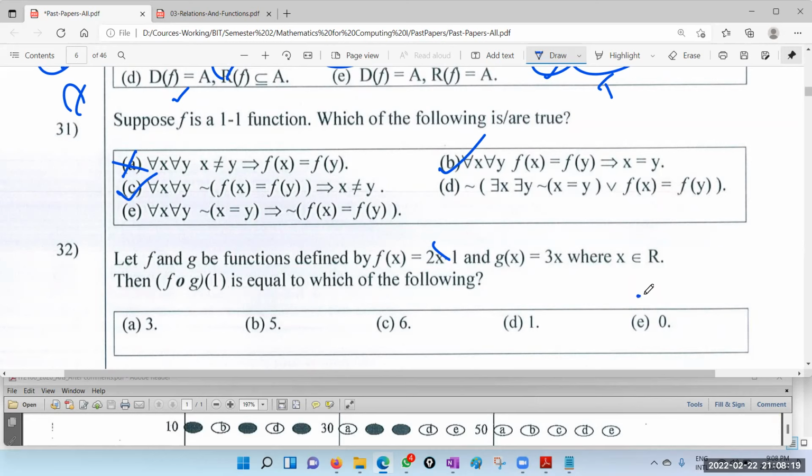Fx equal fy, that is fx and fy go to the same value, right? Or x is not equal to y. Exist x, exist y. I can't understand what this is. It's a hell. Okay, so therefore I will say no.